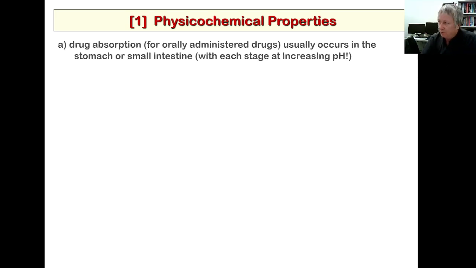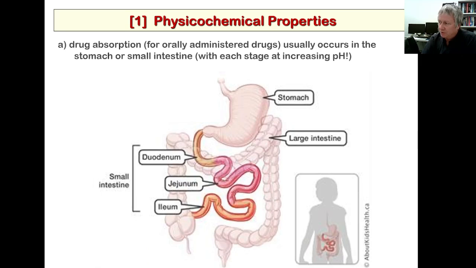Interestingly, as you go from the stomach into the small intestine, the pH increases, so it goes from acidic to less acidic, and this sort of shows that whole process.